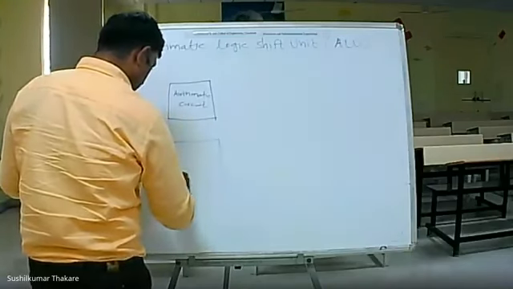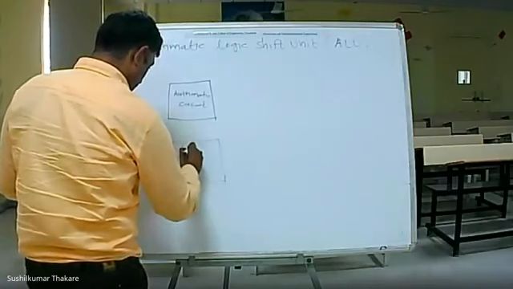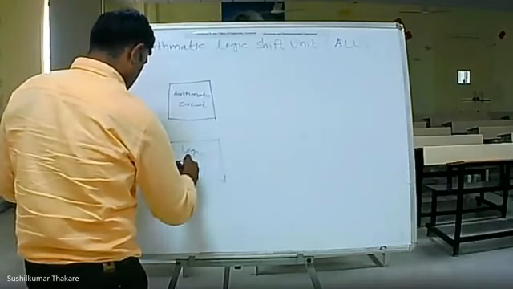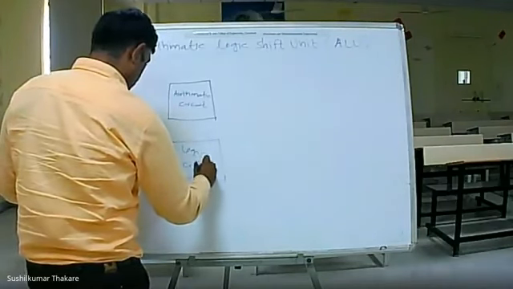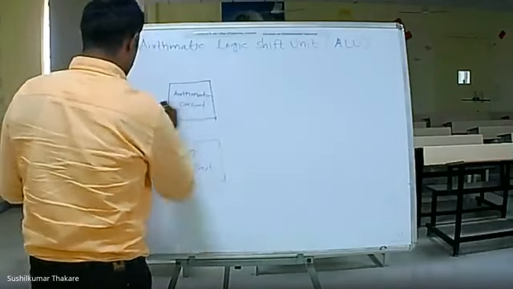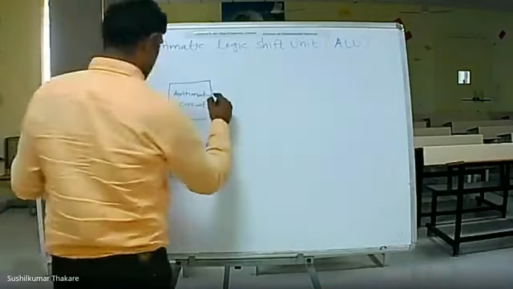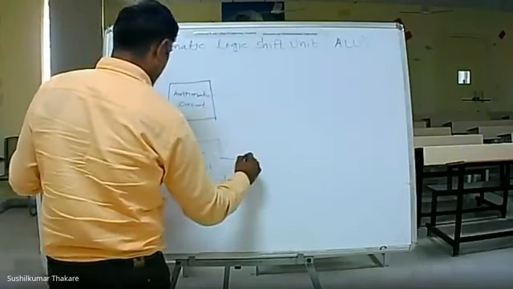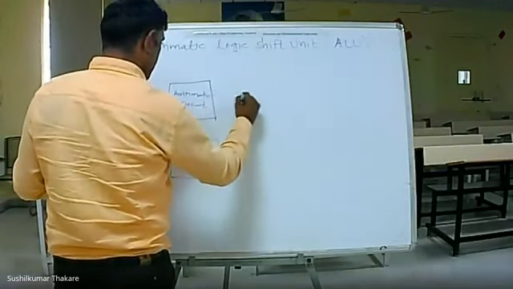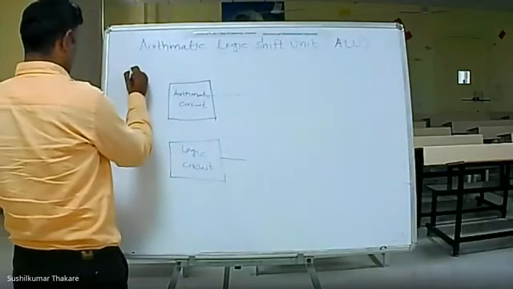Another is the logic circuit. The output of this arithmetic and logic circuit is connected to the multiplexers. So before that, select lines.